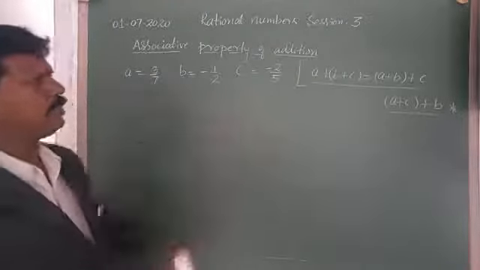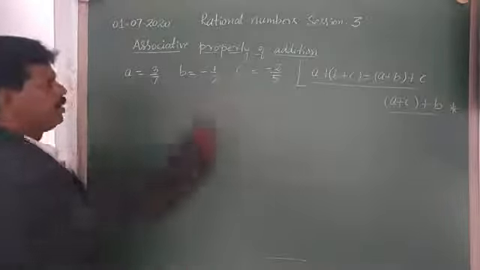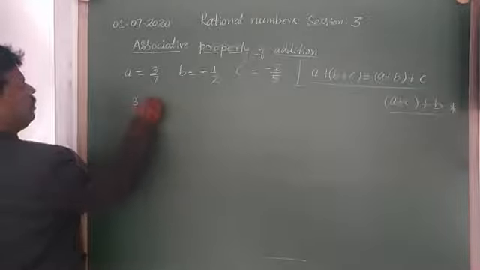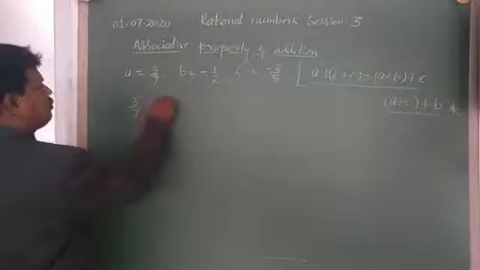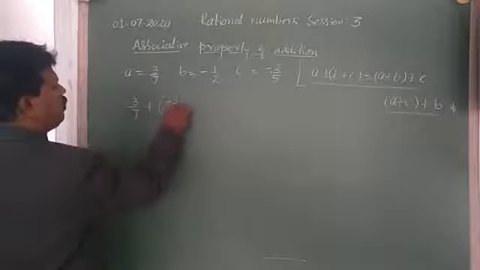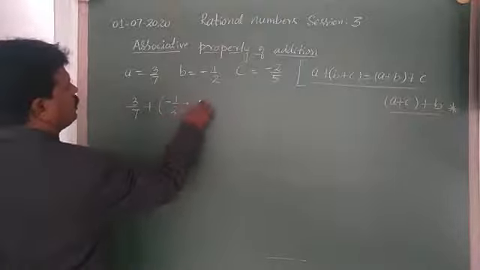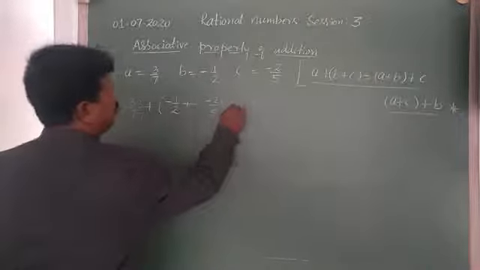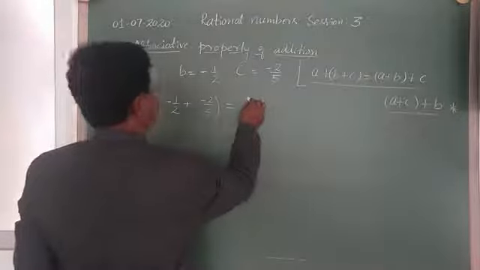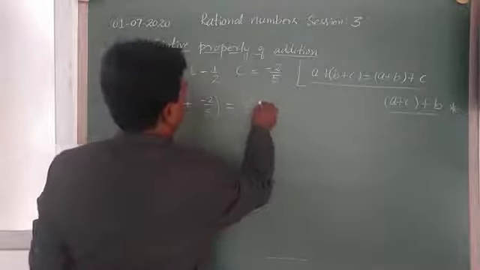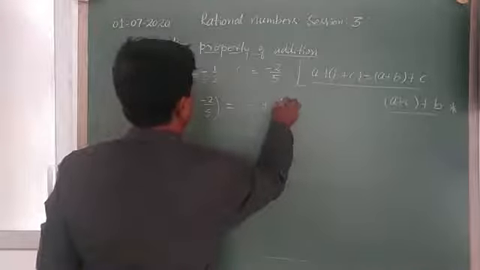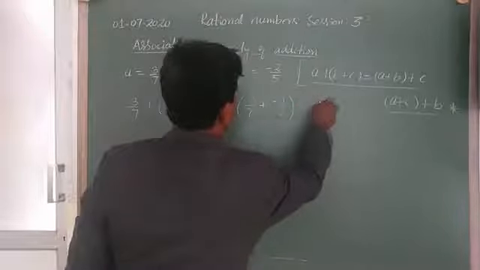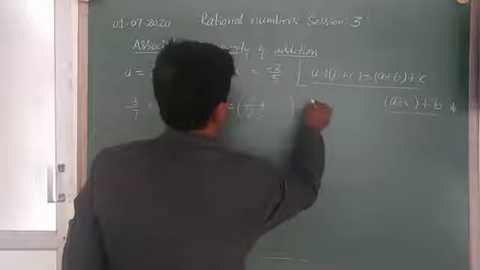Now I am taking the first two, right? Now A is 3 by 7 plus bracket B, minus 1 by 2, plus C, minus 2 by 5, is equal to A, that means 3 by 7 plus B, minus 1 by 2, plus C, minus 2 by 5.